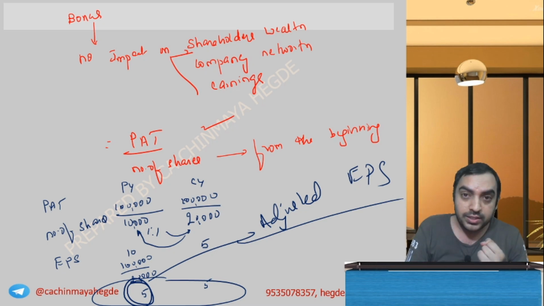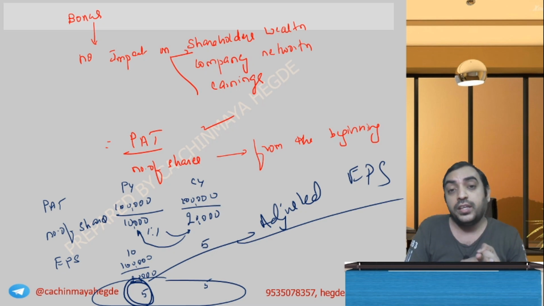It can be bonus shares, it can be right shares to an extent, it can be stock split, reverse stock split, those kinds of elements.